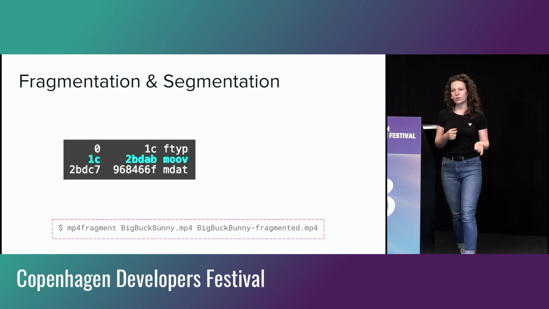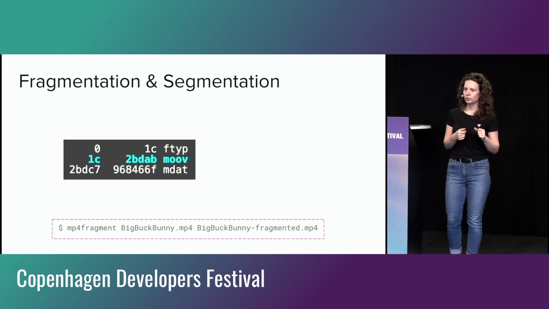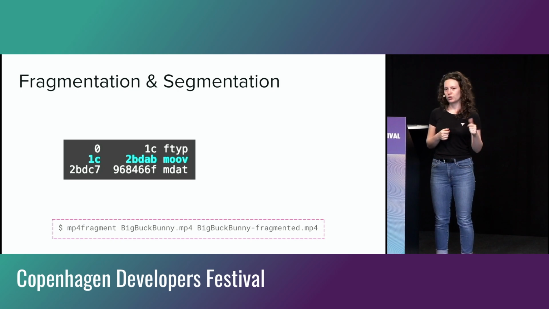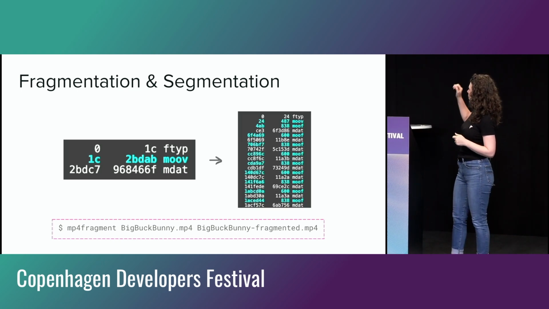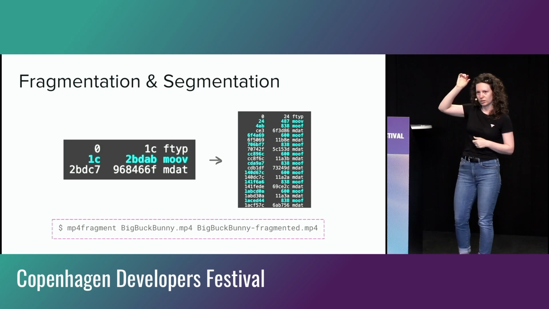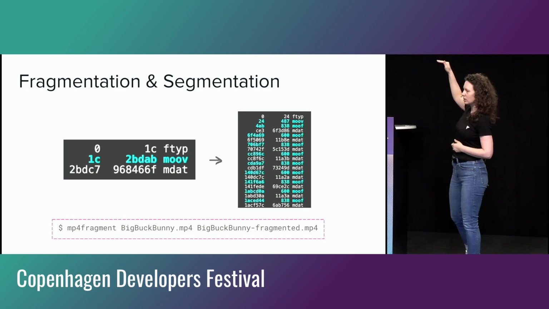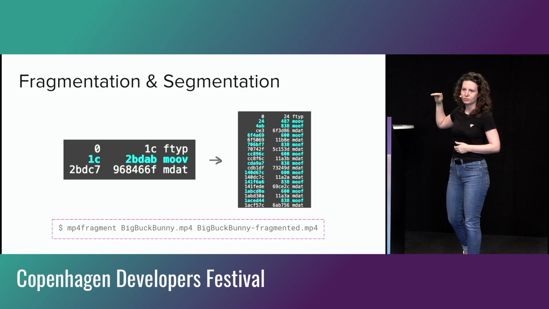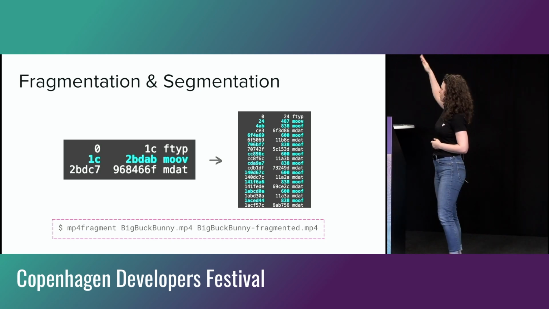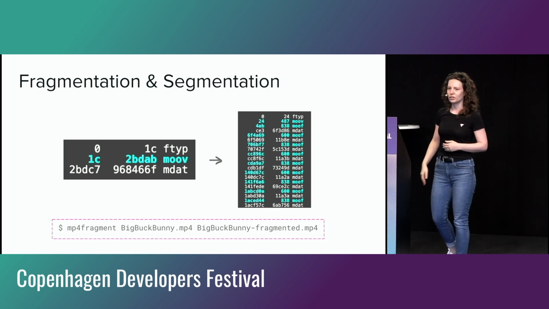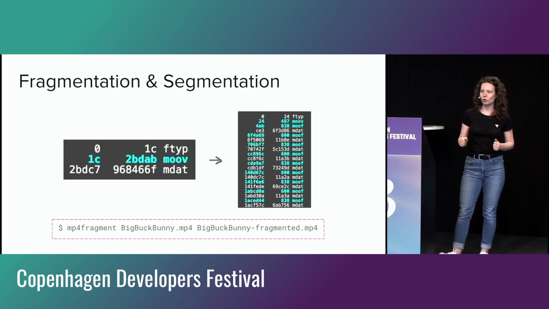And then once I used the mp4fragment command from the Bento4 tool, in order to fragment the file, I got something like this. So I got the ftyp and moov, which are the init segment that we have seen before. And then we have moof, and mdat, and moof, and mdat, and so on. So all of these are the media segments. There are more of them, and I could continue like that, but I don't want to be like a broken record.